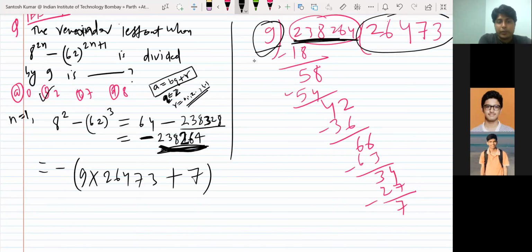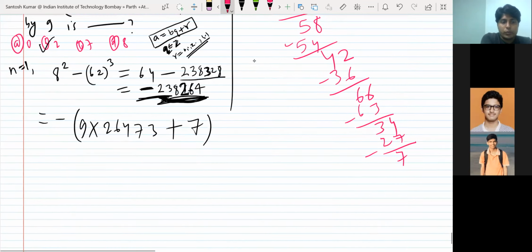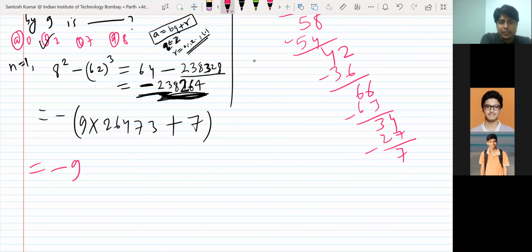But I have to divide the negative number, and I have taken only the positive. So you multiply by minus: minus 9 times 26473 minus 7. But the remainder is always 0 to 8.